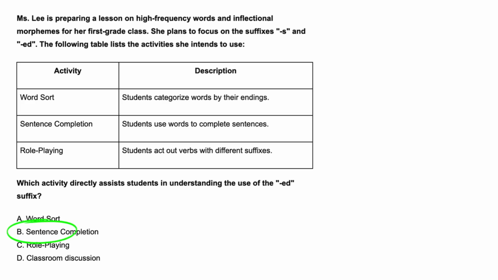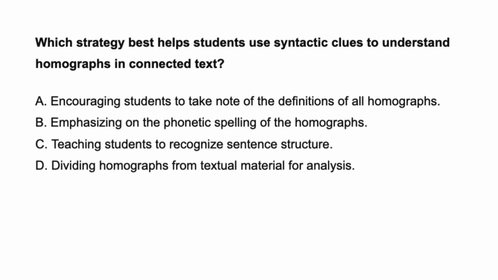Correct answer here is B, sentence completion activities where students use words with the ED suffix in order to help them understand its application in past tense formation, which enhances their grasp of how this inflectional morpheme functions in context. Next question, which strategy best helps students use syntactic clues to understand homophones in connected text?